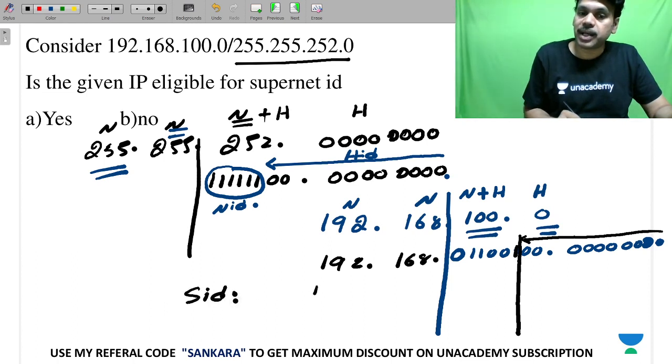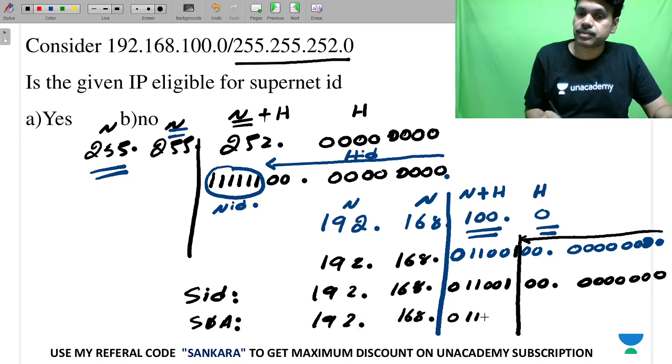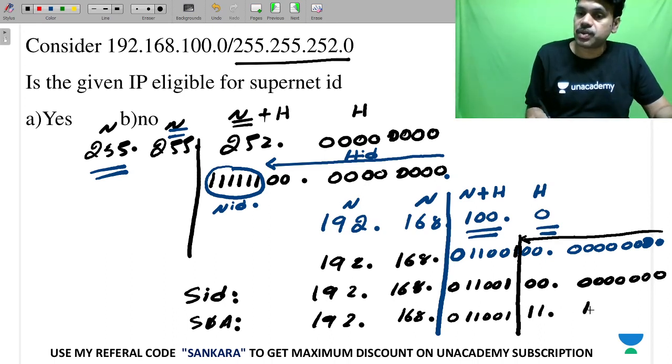What is your subnet ID? Make HIDs to zeros. This one is reserved. Don't disturb. Make HIDs to zeros, and make HIDs to ones to get the broadcast address. So HIDs to ones. That's it.